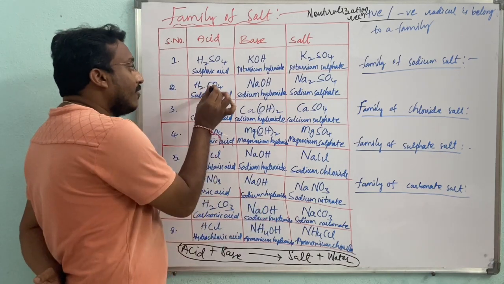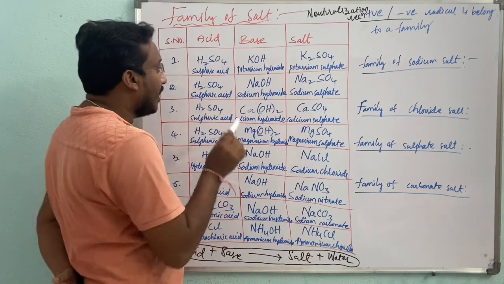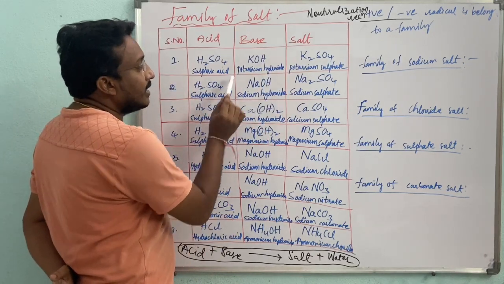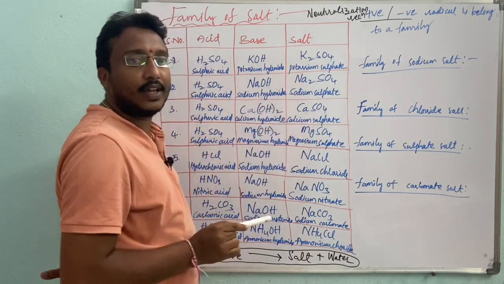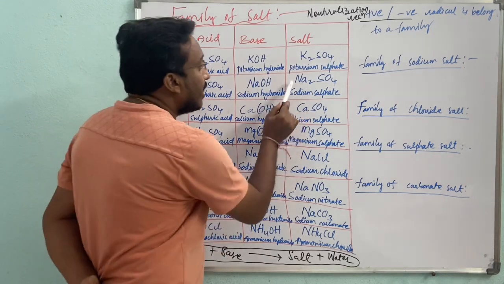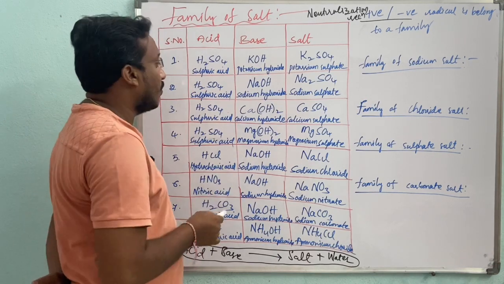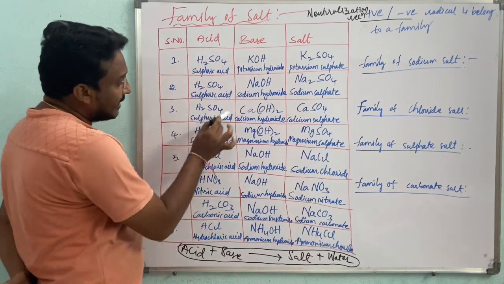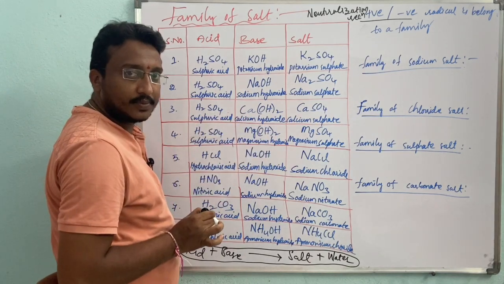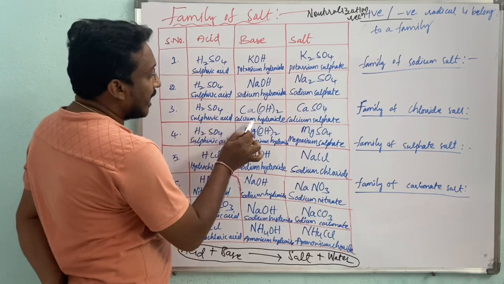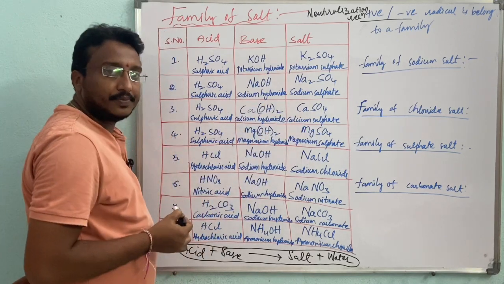When sulfuric acid H2SO4 is added to sodium hydroxide NaOH, it gives sodium sulfate, that is Na2SO4. One more example: sulfuric acid added to calcium hydroxide reacts and gives calcium sulfate.